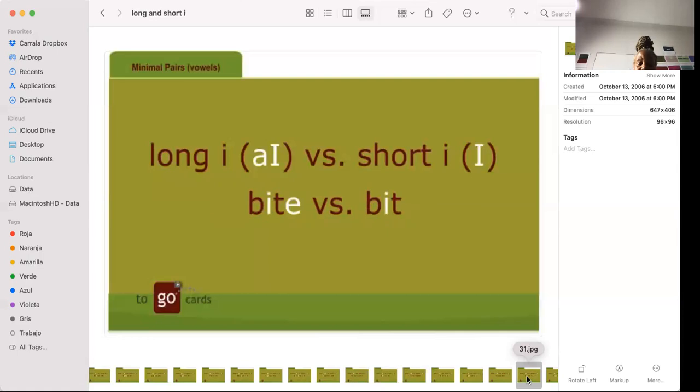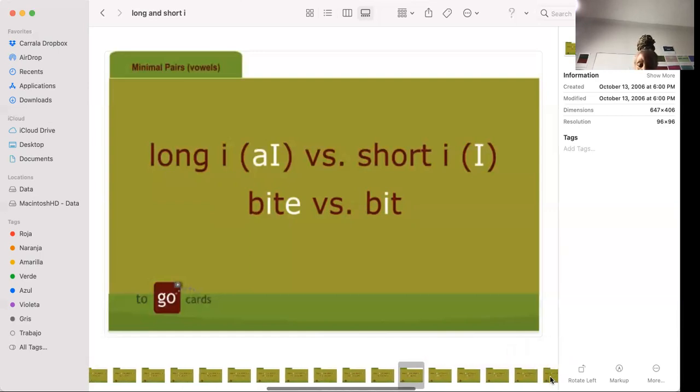Byte, bit. Interesting. Byte is the infinitive form, the simple form of the verb to bite. Bit is the past tense form of the verb to bite.